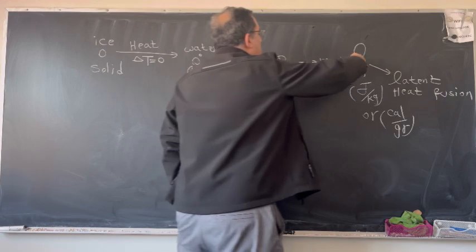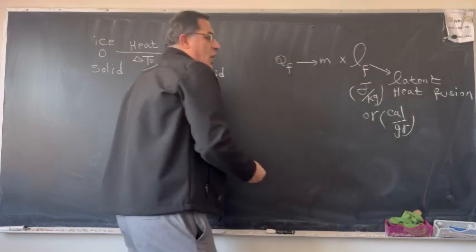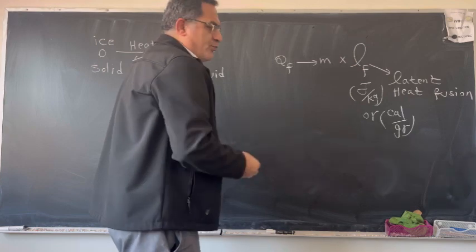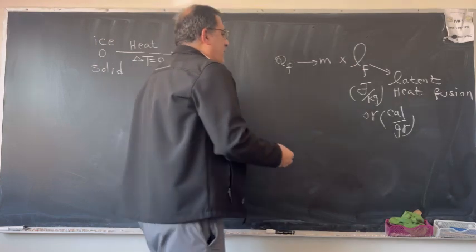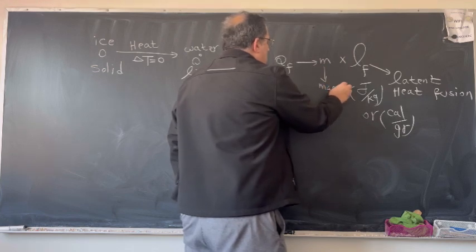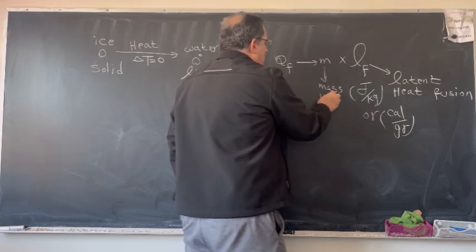This is for 1 kilogram of ice, iron, gold, nickel, silver; this is for n kilograms. M represents mass, and the unit of mass is kilograms or grams.